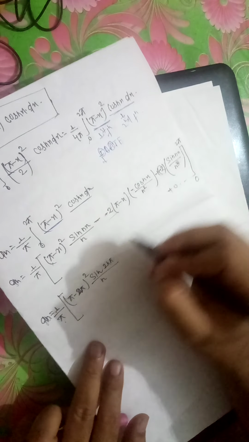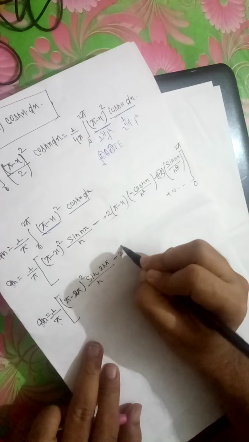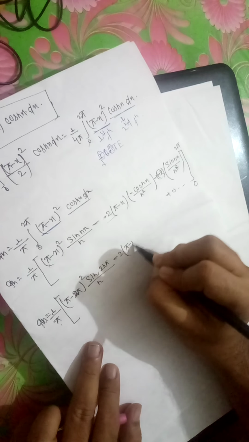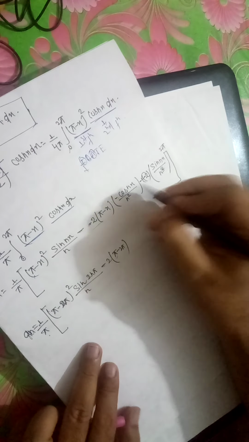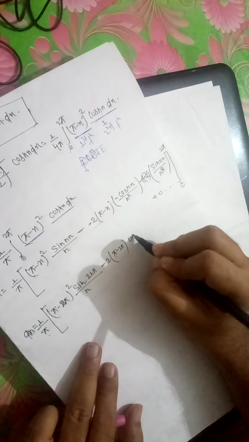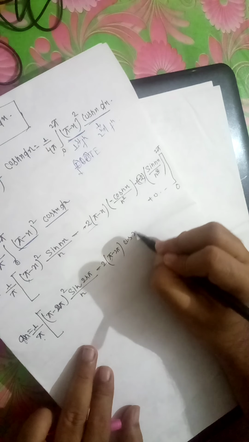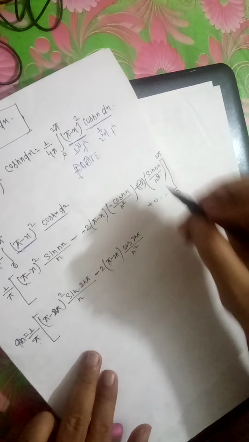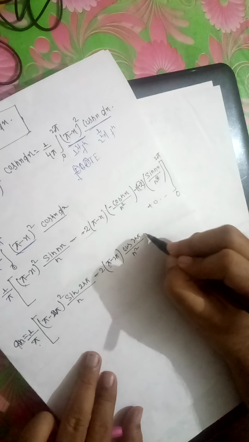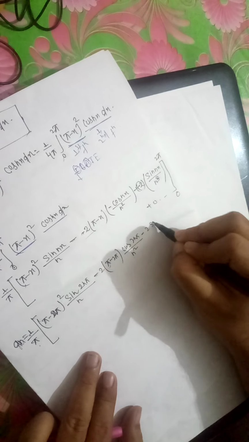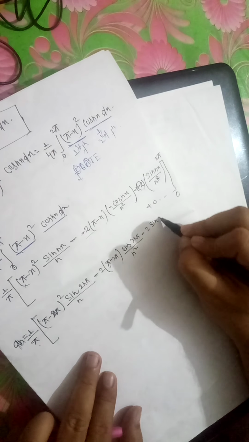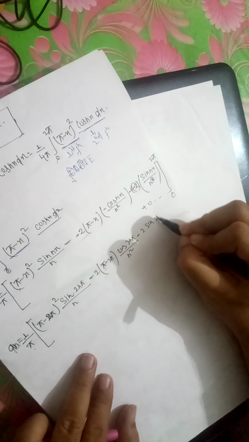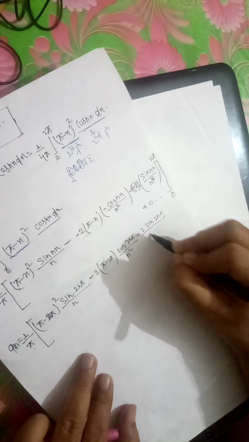This is minus minus plus, so this is 2 times of pi minus 2 pi times of, this is positive now, cos, in place of x putting 2 pi, cos 2n pi whole divided by n square. Okay, and this function is minus, so minus of 2 times of sin 2n pi, putting 2 pi in place of x, sin 2n pi whole divided by n cube.